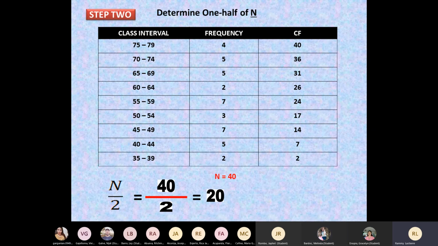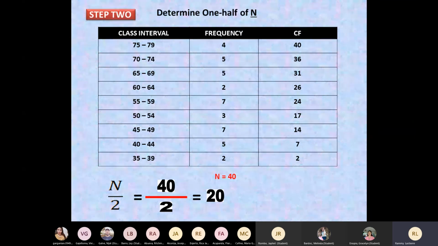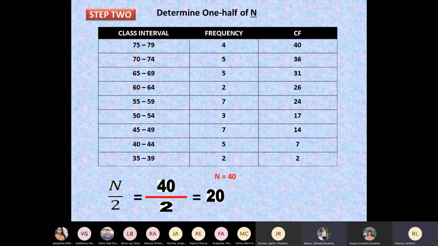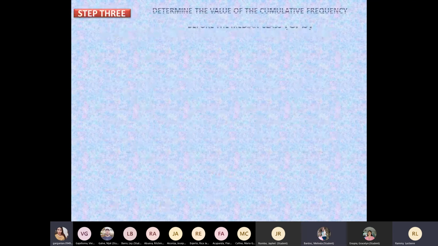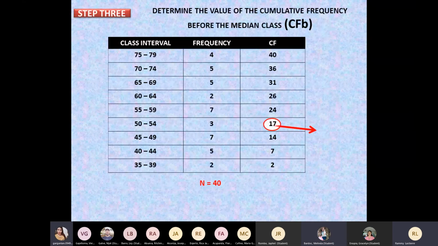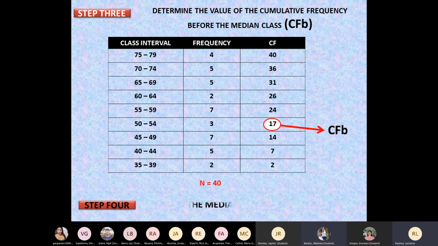It is because at 24 you already find N divided by 2. So this is the location of your median class. The 17 below that is your cumulative frequency based on the given formula. Then 55 to 59 is the location of the median class.